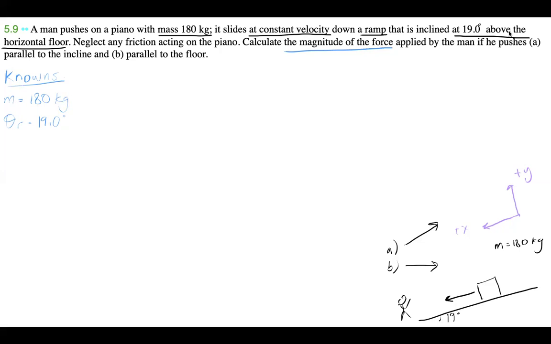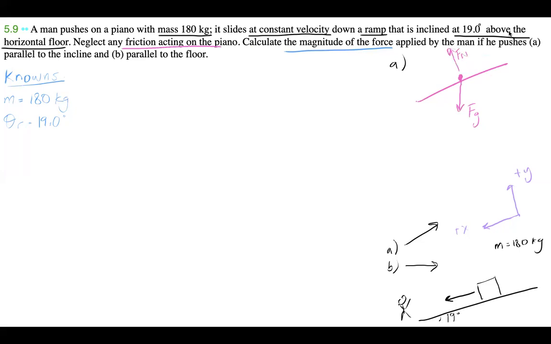So for scenario A, let's have a force body diagram, and let's do it in pink, right? So again, let's pretend this is our ramp. This is going to be our piano. And then there's obviously going to be force of gravity acting on it, on this piano, right? And there is no friction, right? It says neglect any friction acting on the piano. Because this piano is in contact with the surface of a ramp, there's going to be a normal force which is perpendicular to the surface of the ramp, and that's going to be Fn.